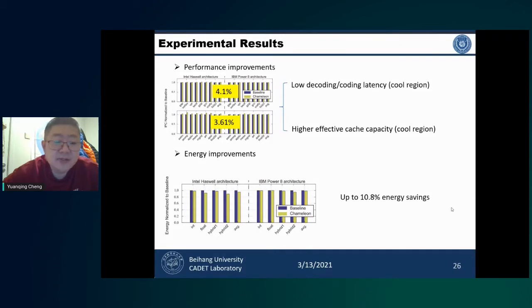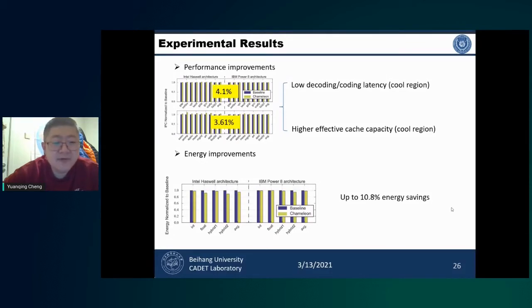These performance improvements are due to the low decoding and coding latency in the core region because of the weaker ECC code. At the same time, because in the core region we only need 1 cache line to store the ECC, we in fact have a higher effective cache capacity compared to the conservative design that always uses the stronger ECC scheme to protect the data on chip.